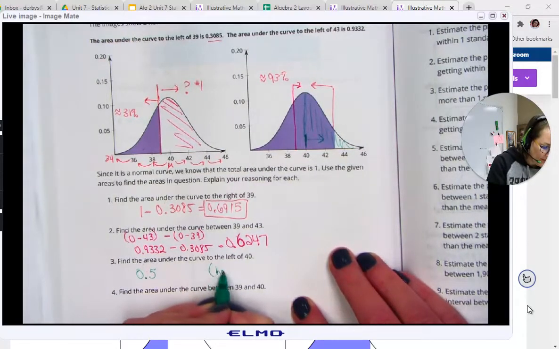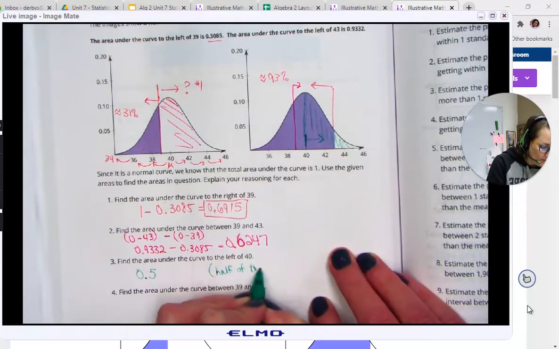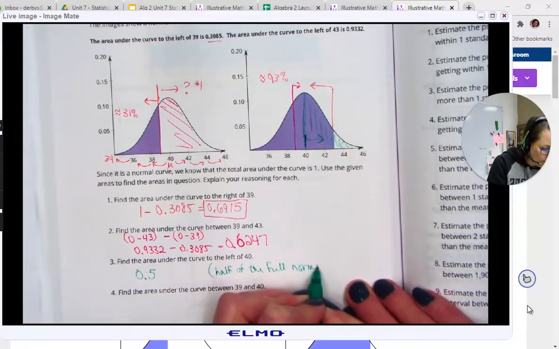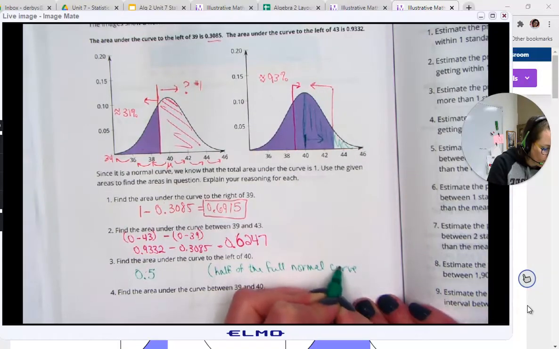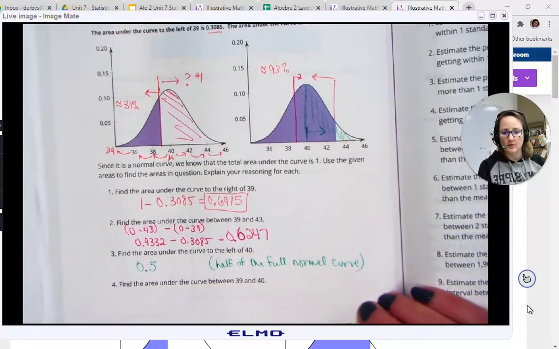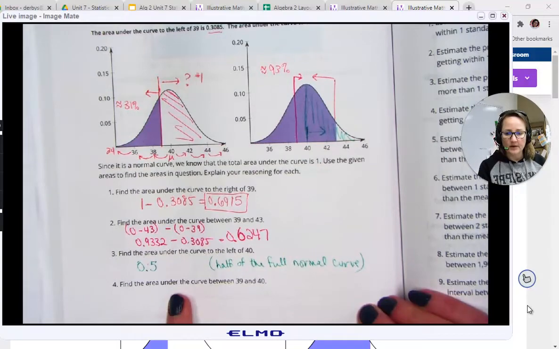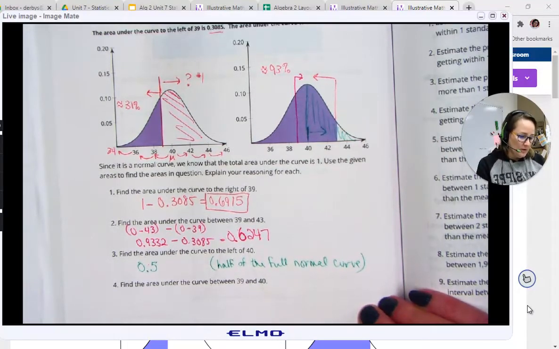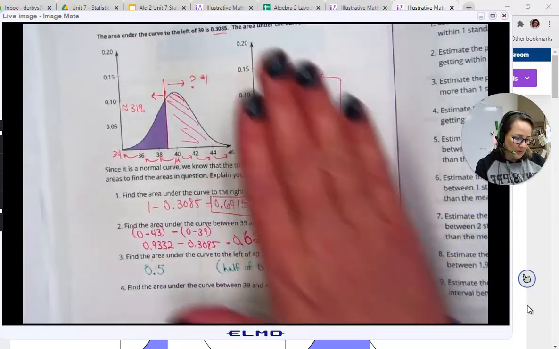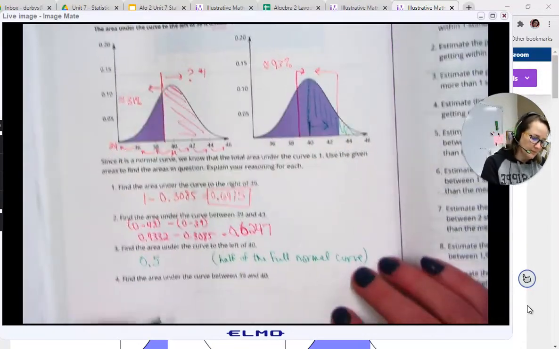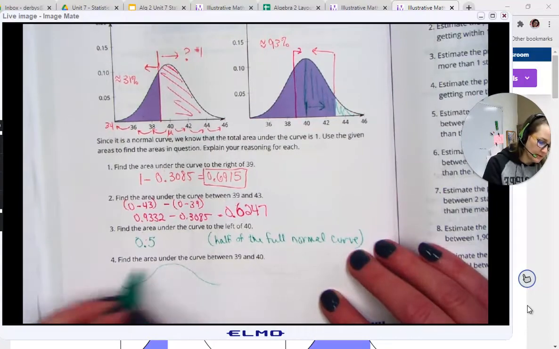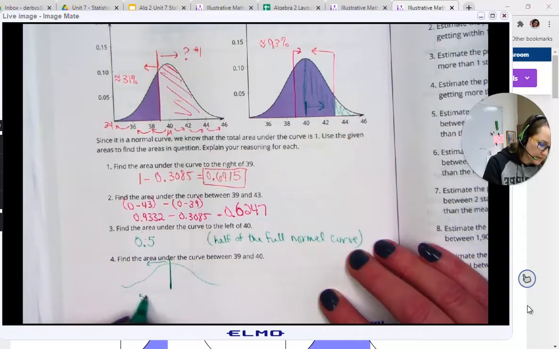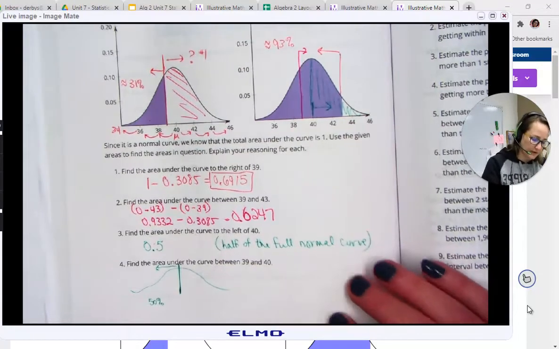It is half of the full normal curve. Okay, and so finding the area of the curve between 39 and 40, what we're looking at is, I want from the middle, and everything from here to there was 50% of the data, 0.5.